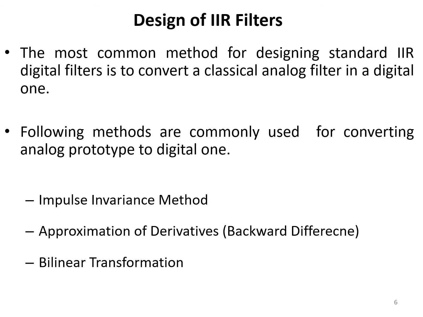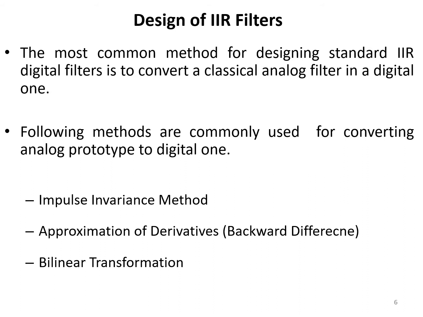But since the design methods for analog filters are very well established, this approach is commonly used for the design of IIR filters. In this lecture we are going to discuss these three methods, and we'll use them to design different types of IIR filters.